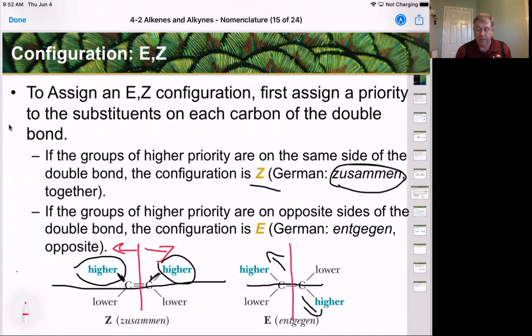Notice right here, the highest on this side is on here, and the highest on this side is over here. It's basically we cut the double bond in half to look at whether they're on the same side or opposite sides. But when we're assigning priority, we have to cut it in half vertically to compare the priorities. And I'll show you that again here in a minute.